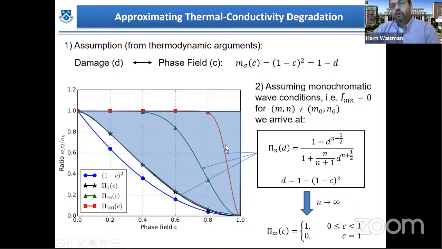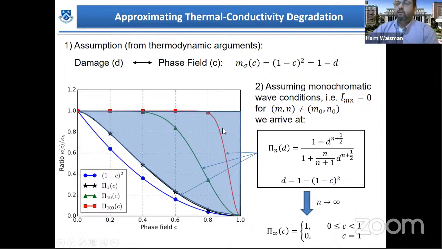But what is interesting to note here is that one uses the quadratic degradation function, the blue line, which is very well known in phase field literature, right? This is a typical function. It means that it doesn't fall within the physical space of the newly derived function, which means that it has no physics basis, and the function doesn't fall within this micromechanics derivation.